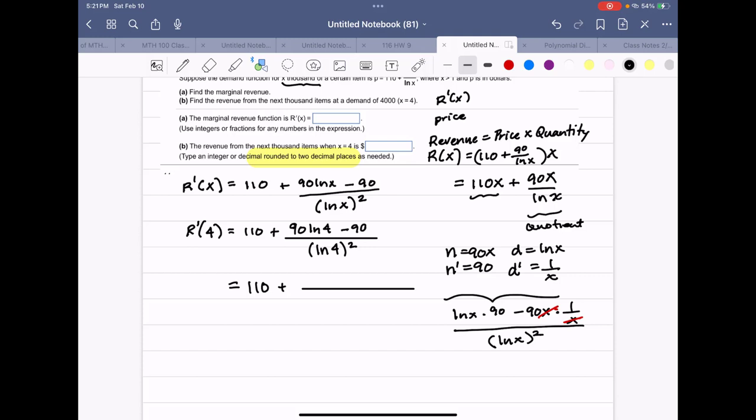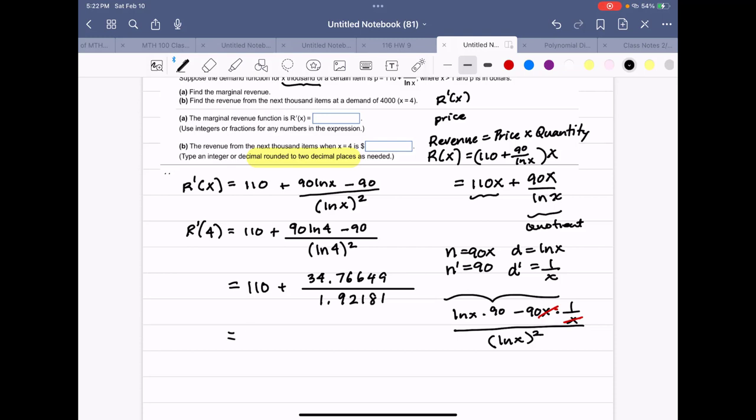So in the numerator there, I have a 90 natural log of 4, close parentheses, minus 90. So this is 34.76649. I'll go 5 places. And then in parentheses, that natural log of 4 squared, 1.92181.